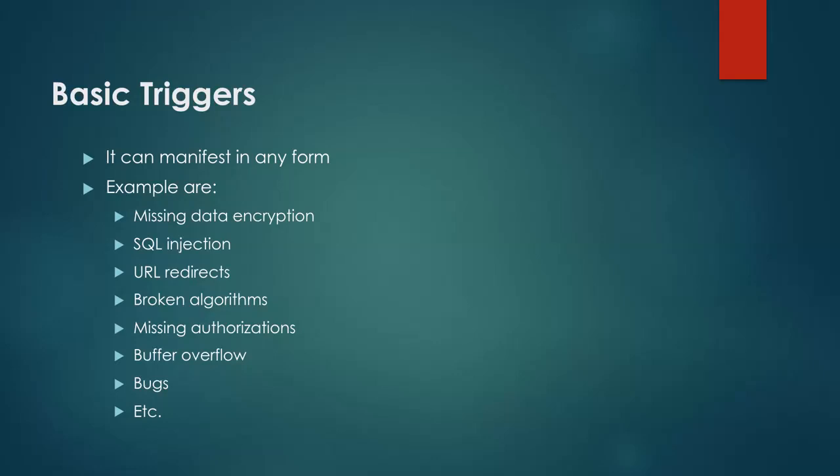It could be broken algorithms, missing authorizations, and buffer overflow bugs. But I think the common one that resonates with the executives, the middle managers, the senior developers, and even some of the new or intermediate developers is the bugs. But can it be taken care of fully well? Yes, of course. So if all these triggers are managed in an efficient manner, I think you can stay above the water level of this kind of attack.